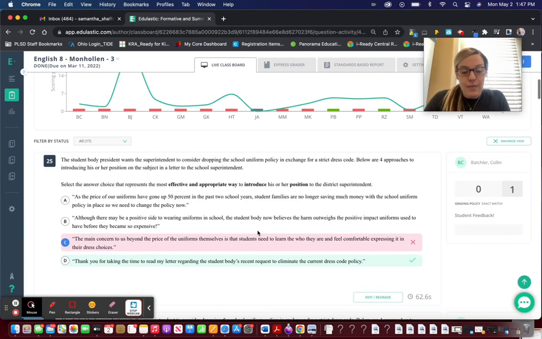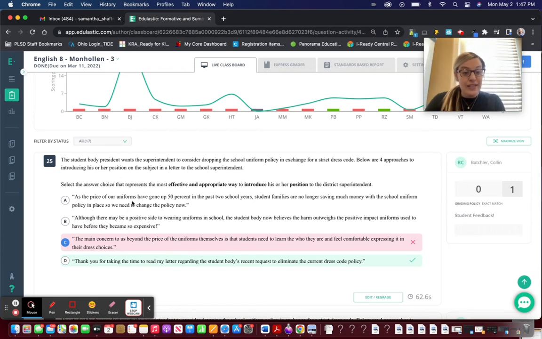So we have a question about writing here, and it says the student body president wants the superintendent to consider dropping the school uniform policy in exchange for a strict dress code. Below are 4 approaches to introducing his or her position on the subject in a letter to the school superintendent.